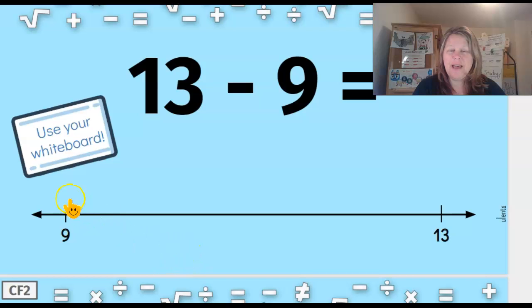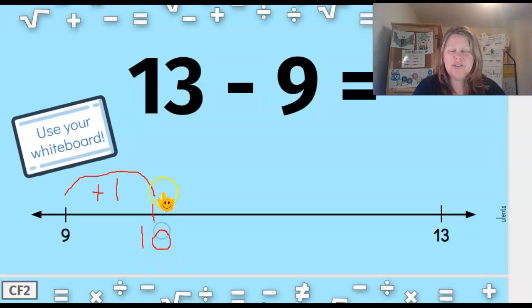All right, what did you get? So if you start at 9, what's that next friendly number? Yeah, let's do a plus 1. Where will that get us? That's going to take us right to the number 10.